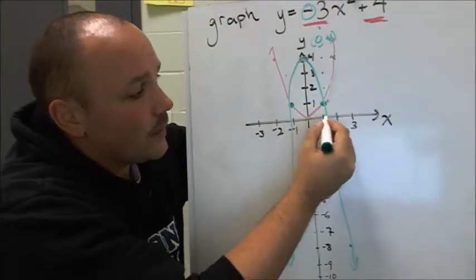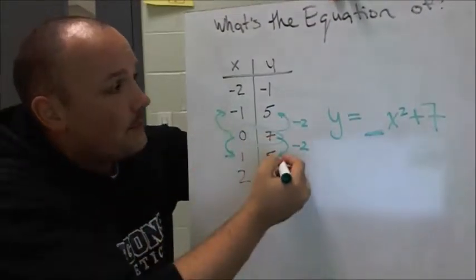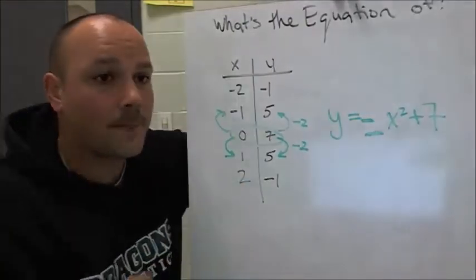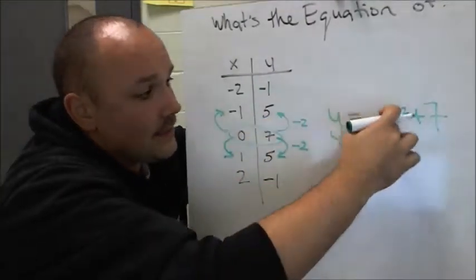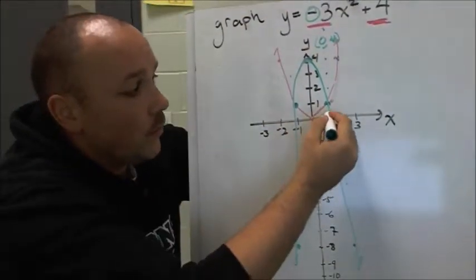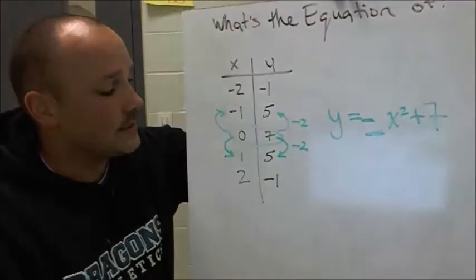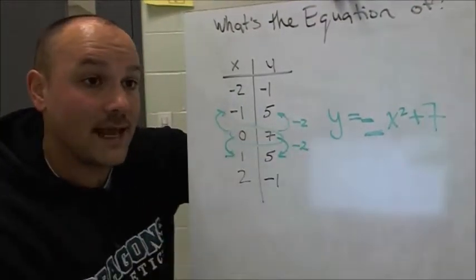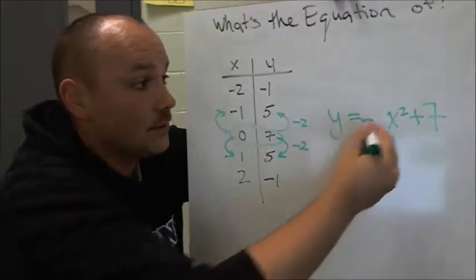So remember how we said in our original parabola, it goes over 1, up 1, right? So the fact that the y values drop from the vertex tells us that we're going to have a negative number there, right? And the regular step pattern is over 1, up 1, right? And this one's over 1, down 2, right? So that tells us that we're taking that step and multiplying it by 2.